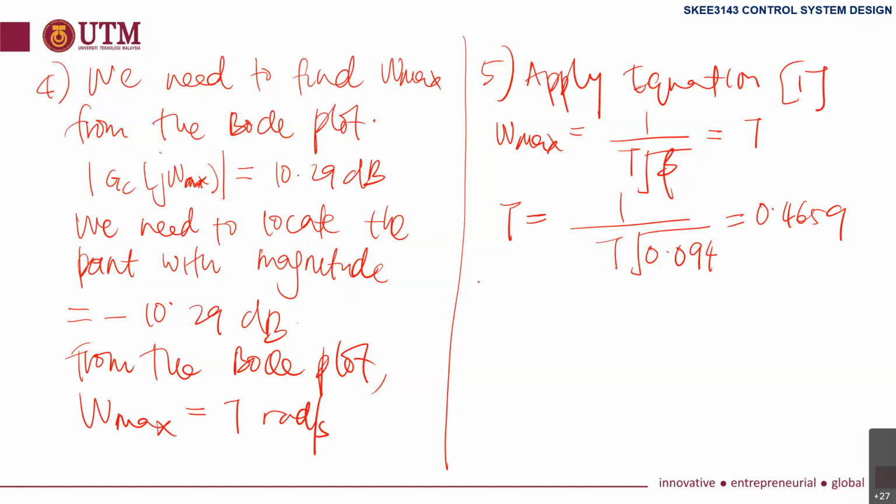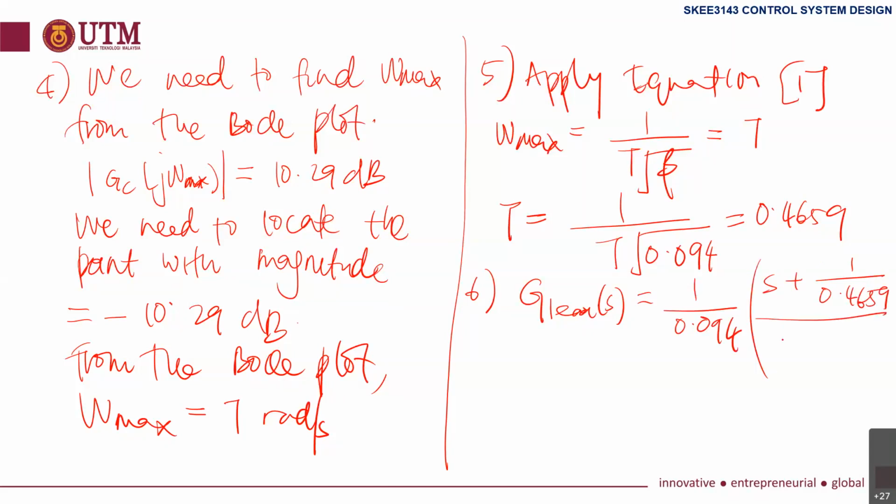Once we get T, we can get the lead compensator. 1 over beta, 1 over 0.094, (S plus 1 over T) over (S plus 1 over beta T).